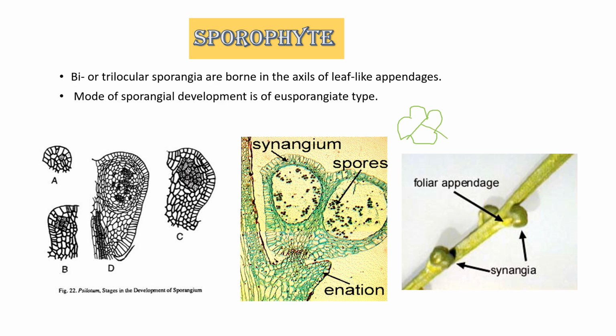It has three sporangia at the base of the foliar appendages. In the synangium, each sporangium develops spores. This synangium is eusporangiate, that means it develops from a single cell.